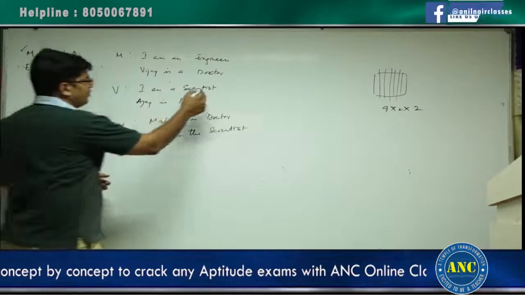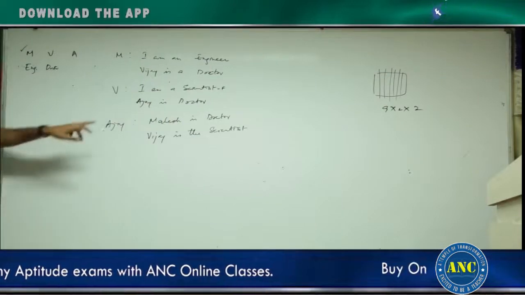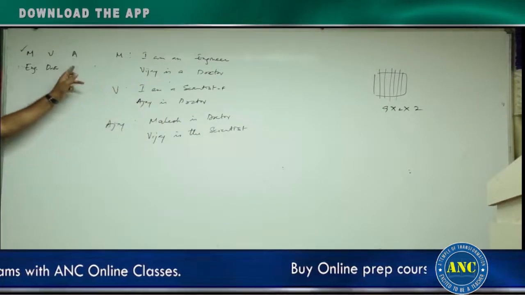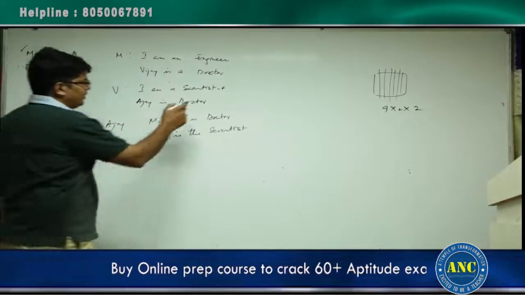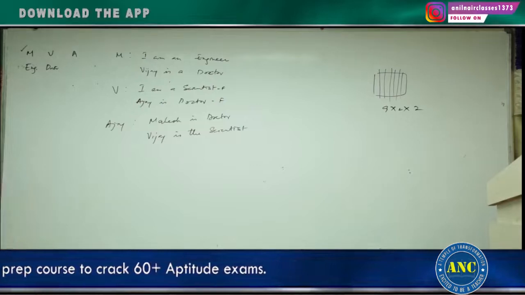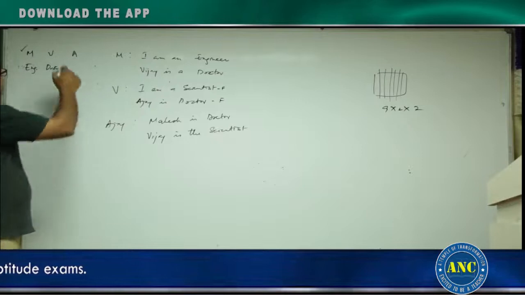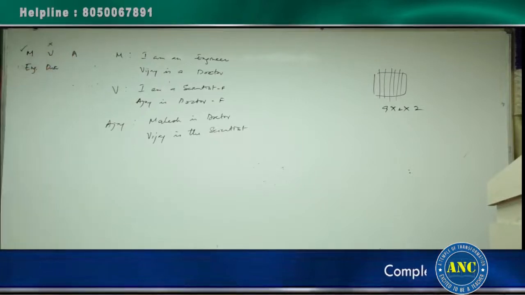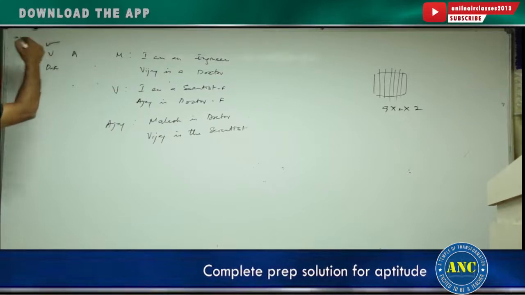False. Ajay is a doctor. Is it a false statement? Yes, it's a false statement. So that means Vijay is a liar. With this logic, Vijay is a liar. Very good. If you want to write it, this is the true teller, this is the liar.